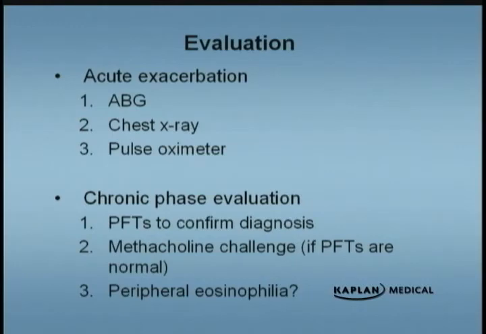The ABG is very important because it gives us an assessment of the hypoxemia in this patient, and it also identifies patients that develop respiratory compromise and respiratory muscle fatigue, because it shows respiratory acidosis, so a drop in the pH and an elevation in the PCO2. That's why you're really doing the ABG in an asthmatic patient, to see if this patient has hypercapnia, if the patient has respiratory acidosis.